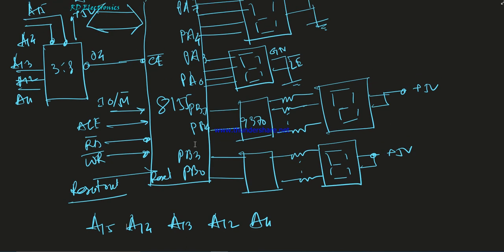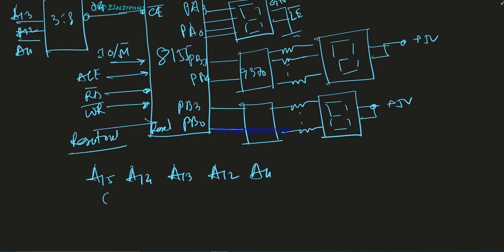So what is the status of A15 and A14? Both are equal to 0, because for selecting the decoder IC. Then for these 3 address lines we apply 100, because if this is 100, then this O4 output goes low, and selects this IC. Okay, so this is A11.